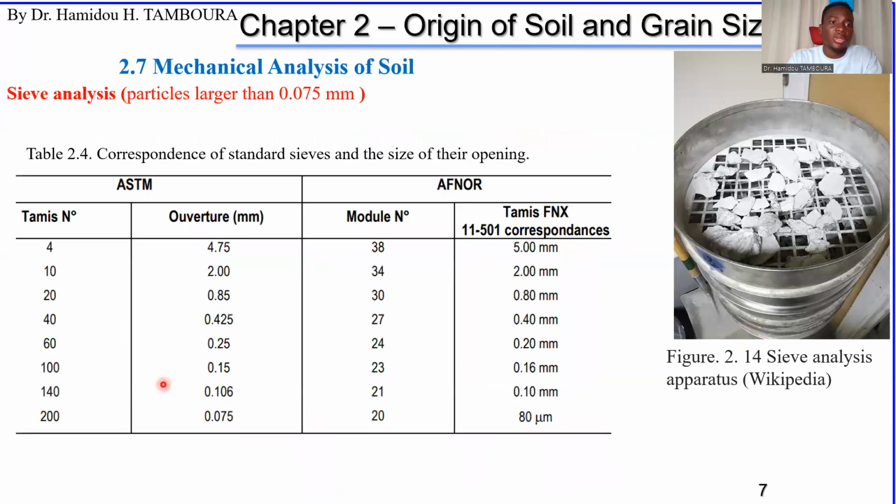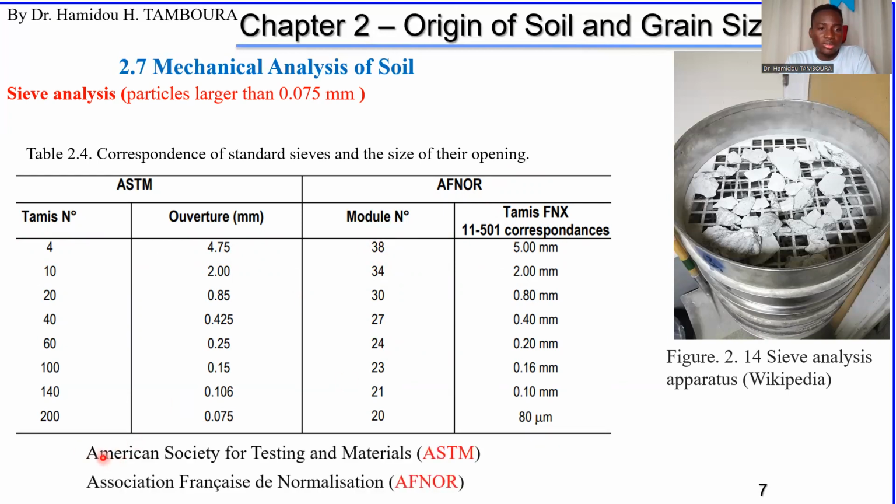Just for comparison, this is the American, the US standard, and this one, the right one in this table, is the French standard. We can make a correspondence between the two. For example, sieve number 4, tamis in French, meaning sieve, corresponds to modulus 38 in the French standard.